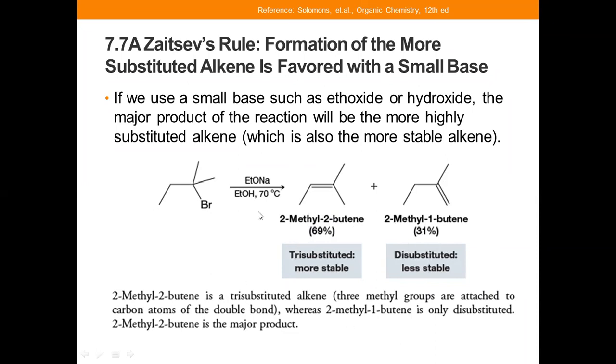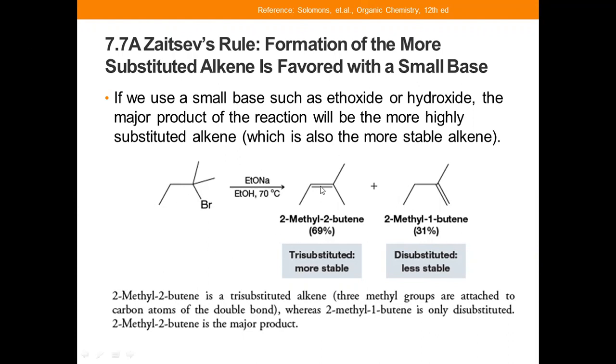This is a 3-degree alkyl halide, so this favors the elimination reaction, not the SN2 reaction.